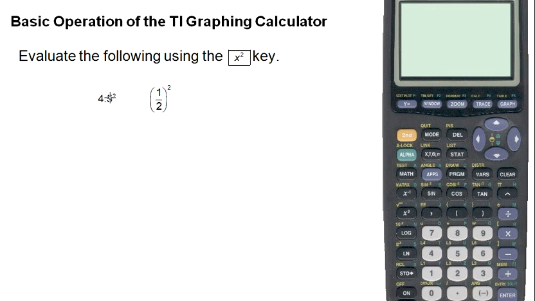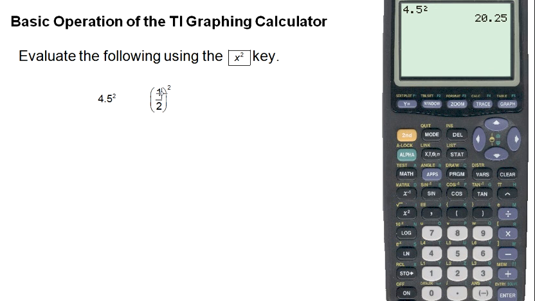To evaluate exponents, we use the x squared key. Let's evaluate the square of 4.5. We would enter 4.5 first, and then we'd hit the x squared key, which is along the left side of the calculator, right about midway, and hit enter.